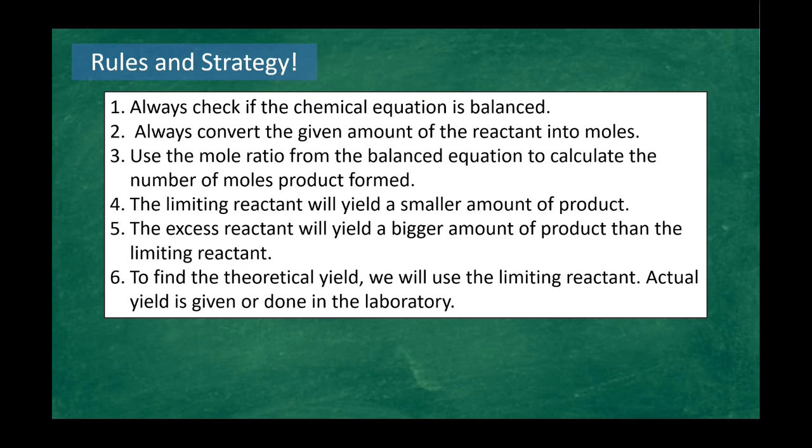So you will know why we have this percent yield. For now, we will know the definition of percent yield. That is the success of your experimentation. Okay. So now let's go to our first step, which is to balance an equation.